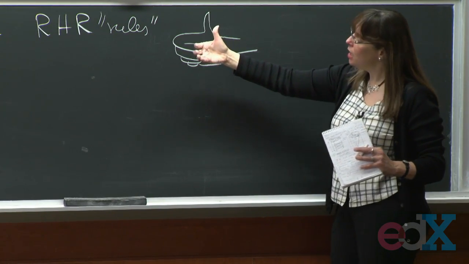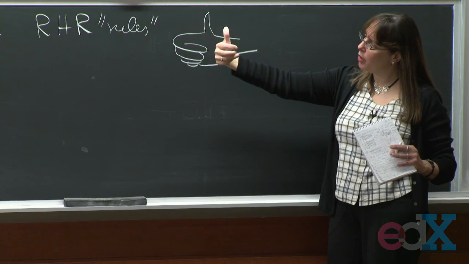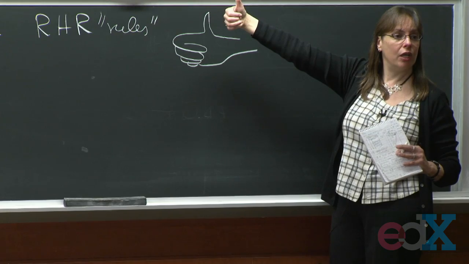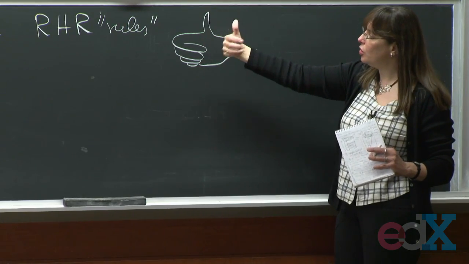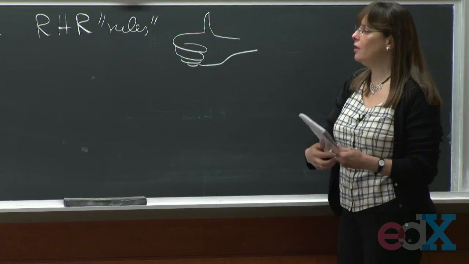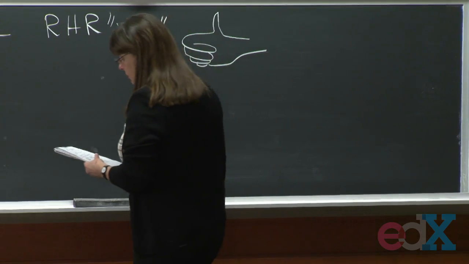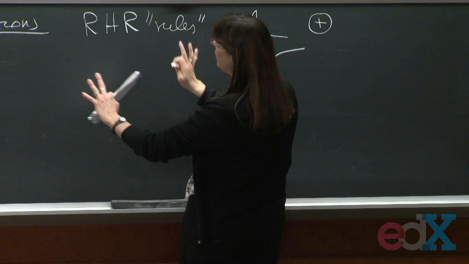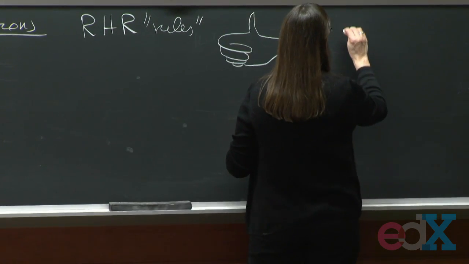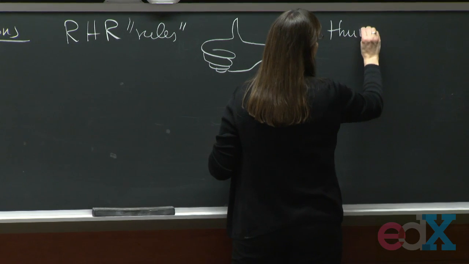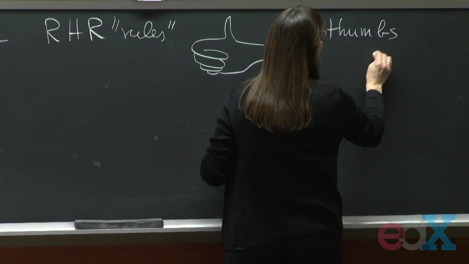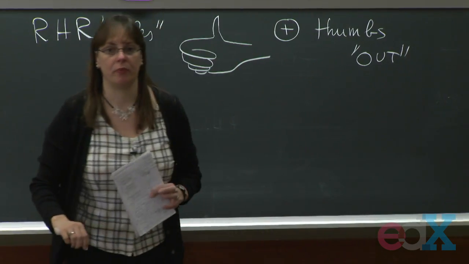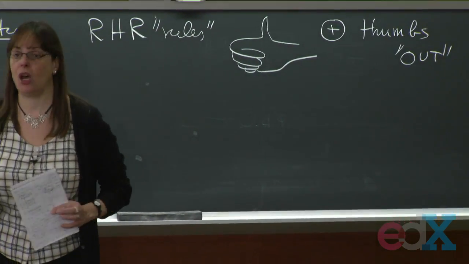And essentially, the way your fingers point gives you the direction, okay? So if you rotate this way, the thumb gives you the positive direction. So positive for everything that has to do with torsion is going to be that your thumbs are out. Thumbs out instead of thumbs up. Thumbs out of the surface.